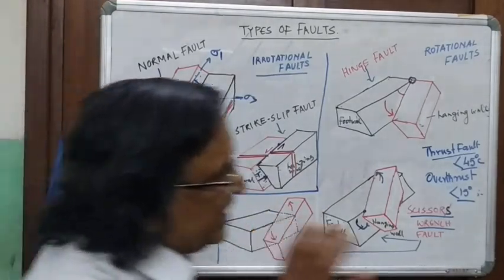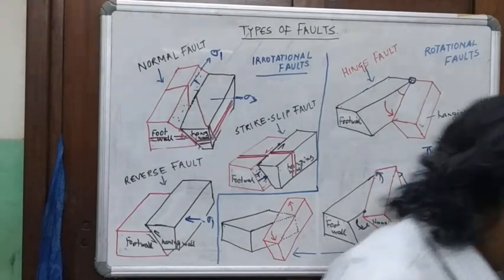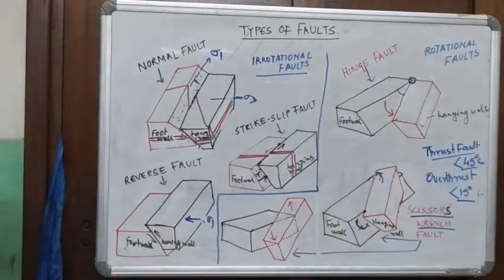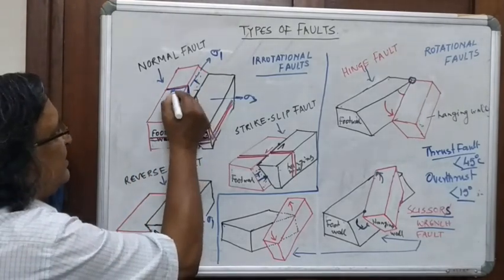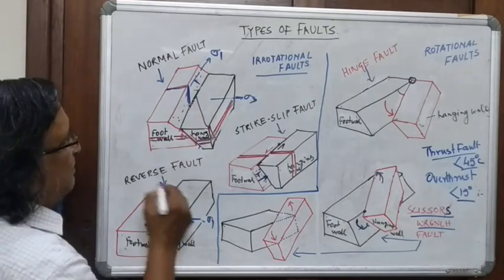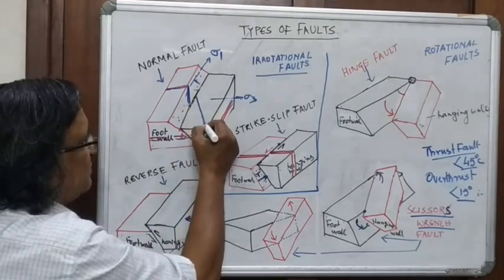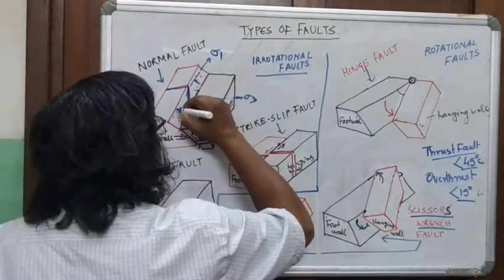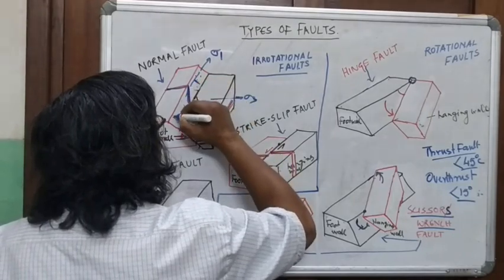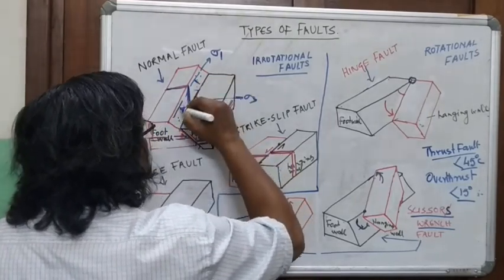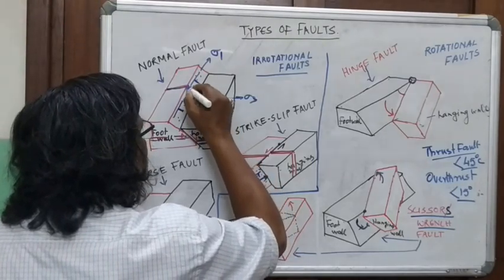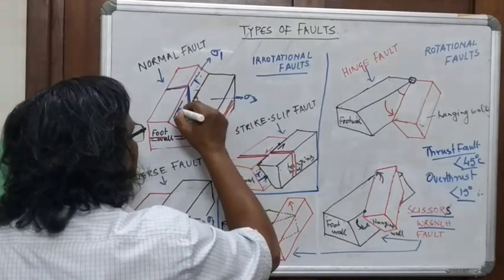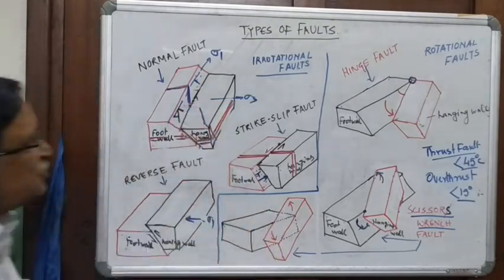Now you must understand one thing before we conclude this, that there are structures. Say for example here, there is a particular dike that cuts this bedding plane, and this dike is displaced. So what happens here, you see, if I draw this line here, which is the strike, and this is the dip, and I draw the trace of this on the fault plane, this you see is the pitch.